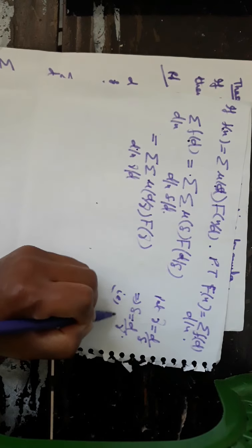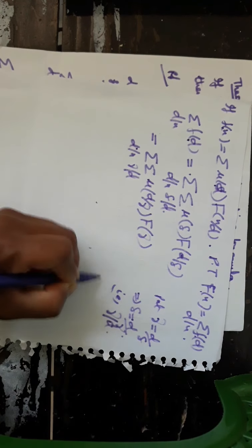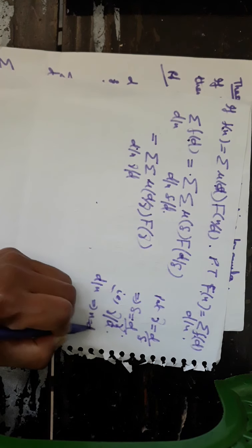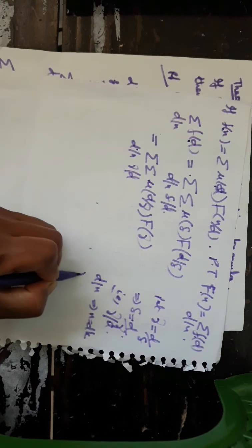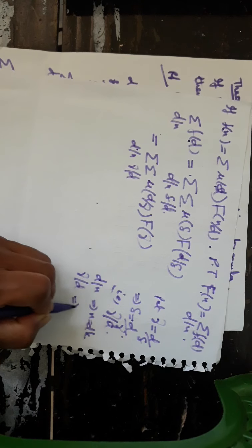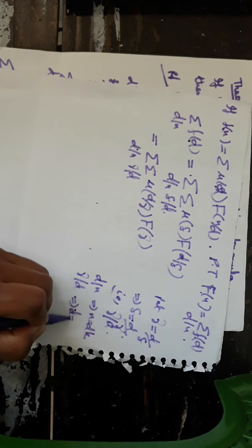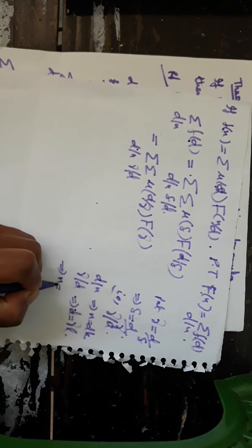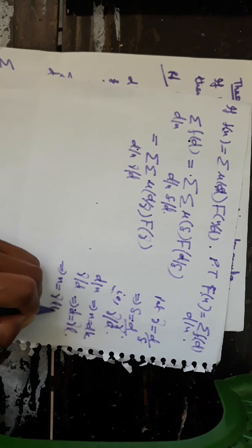That is, gamma divides d, and d divides n implies that n is equal to dk. Gamma divides d implies that d is equal to gamma times L. So this implies that n is equal to gamma L k.